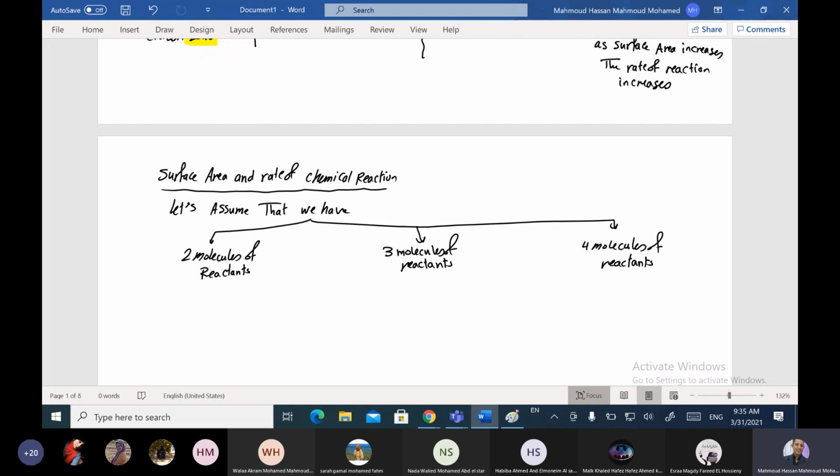We are going to talk about the collisions that take place between the molecules of the reactant.